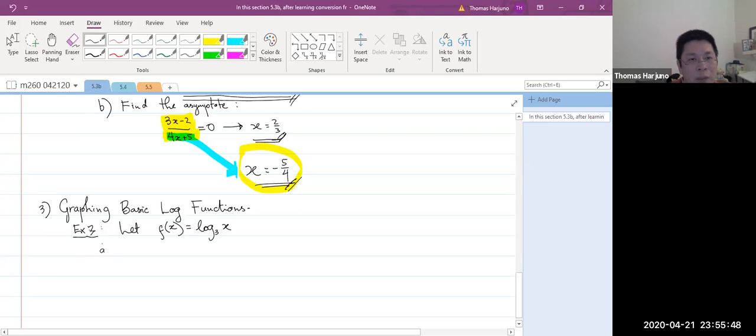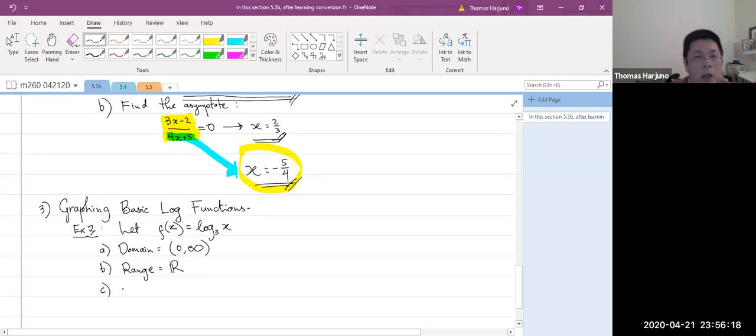So what's the domain? The domain is from 0 to infinity, strictly positive. The range is all real numbers.